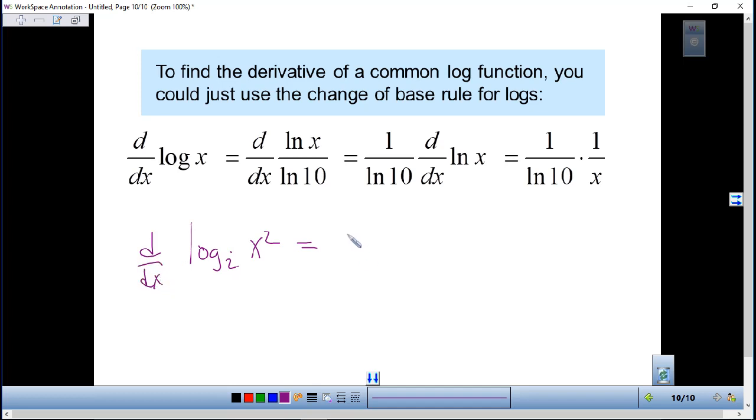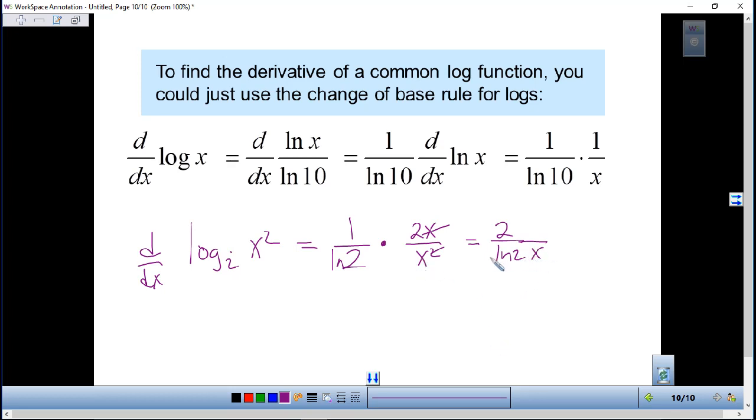We're going to end up with 1 over the natural log of 2, and then multiply by the derivative of x squared over x squared, and that's going to be 2x over x squared. Now notice what happens here. This will actually simplify down. This x will cancel out with one of those, and you end up with 2 over the natural log of 2 times x.